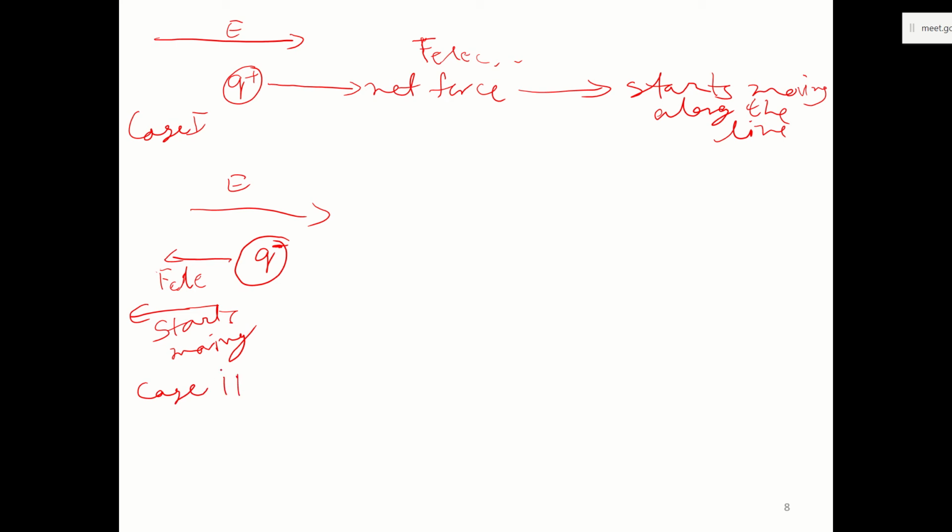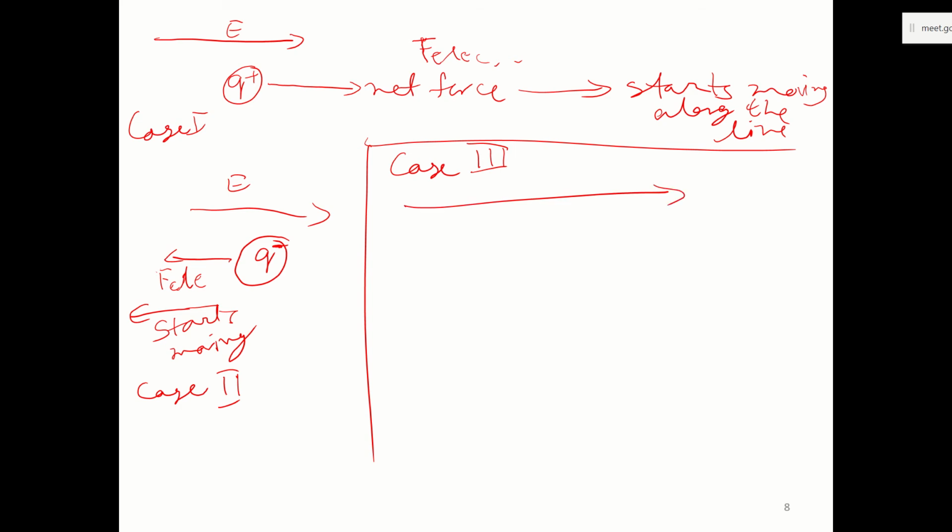Now the third case, case 3, is that you have an electric field and you place a system composed of one charge, Q plus, and Q minus, connected. So what will happen now?